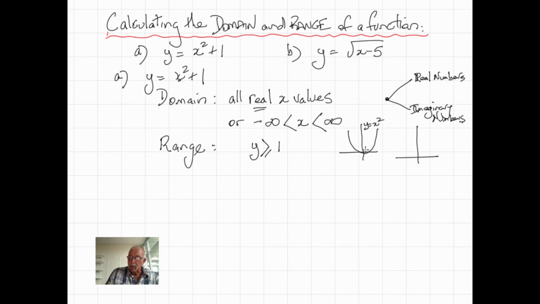So all the plus 1 does is move the y equals x squared graph 1 unit up, so that's 1. And if we look at that now, this is y equals x squared plus 1, we can see that the smallest y value will be 1.